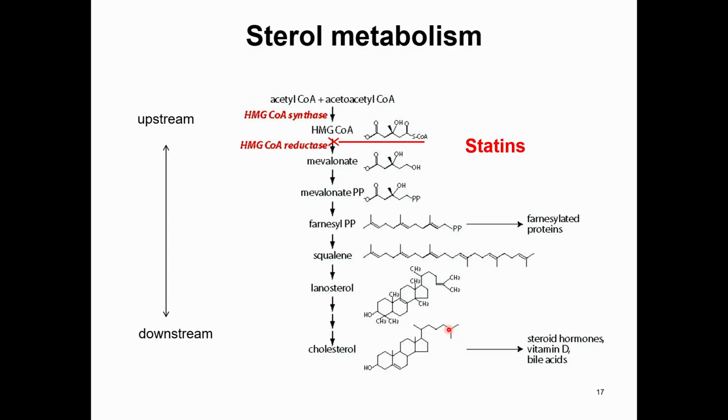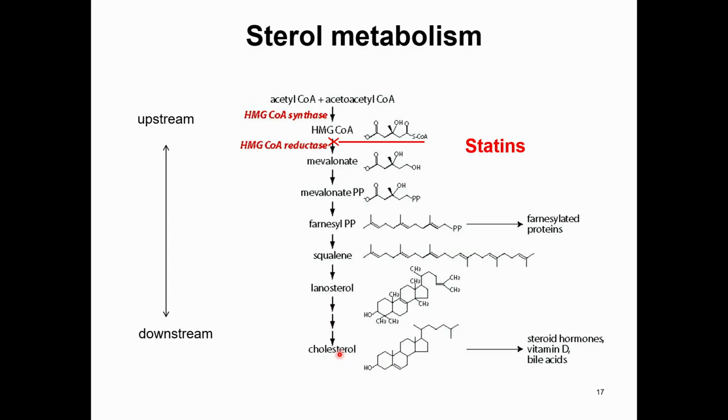And how do you do that? Well, it turns out that, let's look at the first two. Each of these chemical changes is mediated by enzymes, and only two enzymes are shown here. HMG-CoA synthase makes HMG-CoA, and then HMG-CoA reductase turns HMG-CoA into mevalonic acid, mevalonate, and that will eventually form cholesterol.